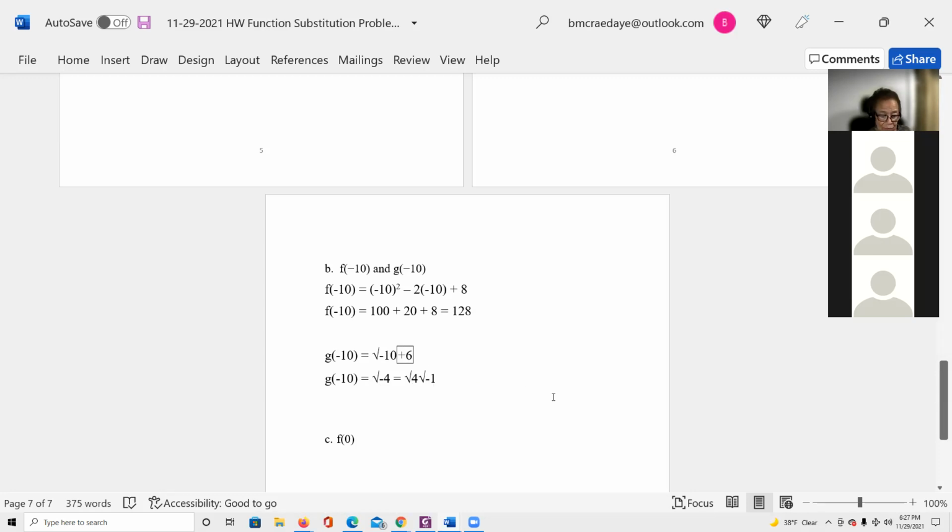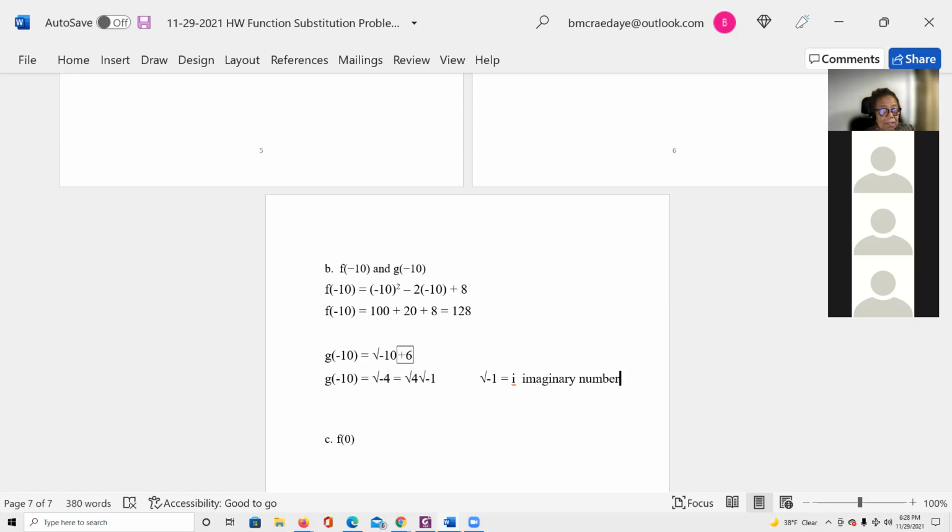But a square root of negative 1 is equal to the imaginary number i. That's something for you to keep in mind. Whenever you have the square root of a negative 1, that's equal to i, small i. That's imaginary.